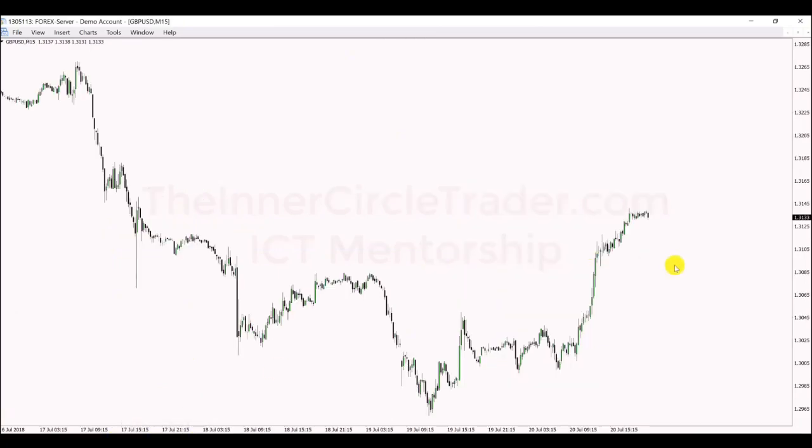We have a virgin chart here, nothing on it, completely naked. And I'll add the daily dividers in here. We have the low formed on cable at the New York Open. Again, market reversal profile.